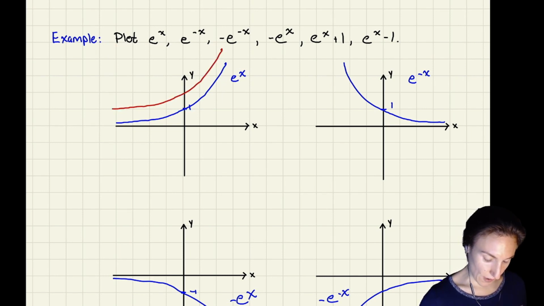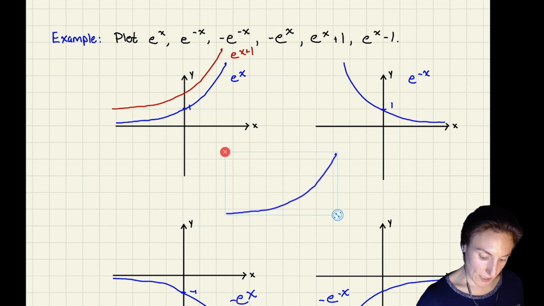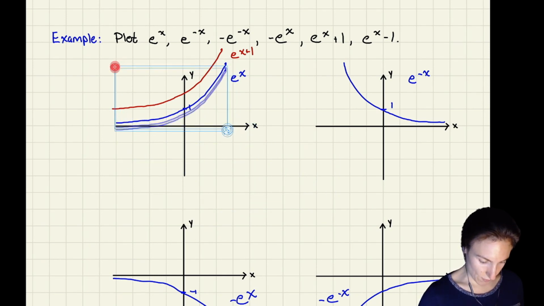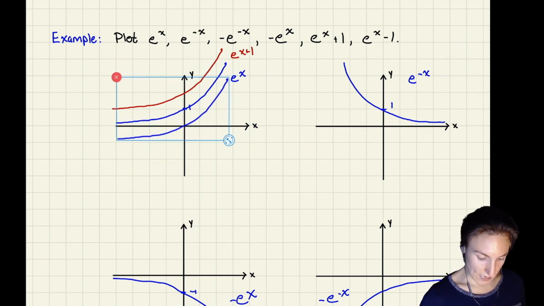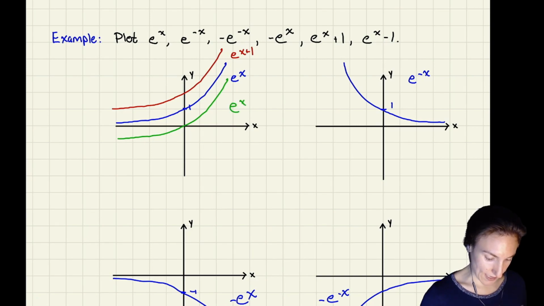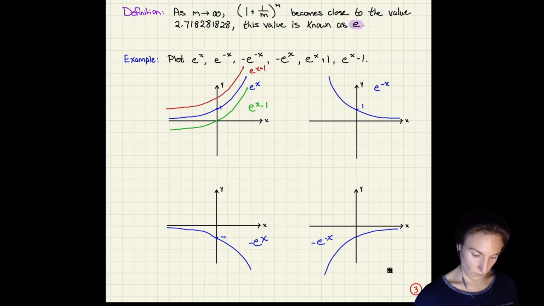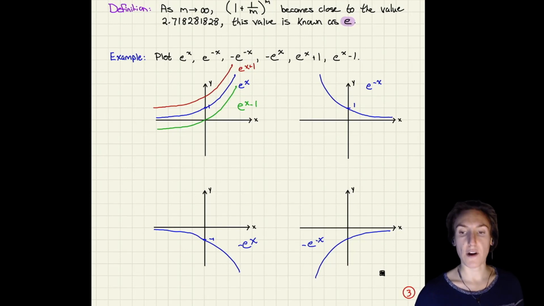This is our value of e to the x plus 1. Similarly, if I were to go e to the x minus 1, I would start from here, but I would shift down 1, and this is what our graph looks like for e to the x minus 1. Okay, so those are common graphs of e to the x and what shifts look like.